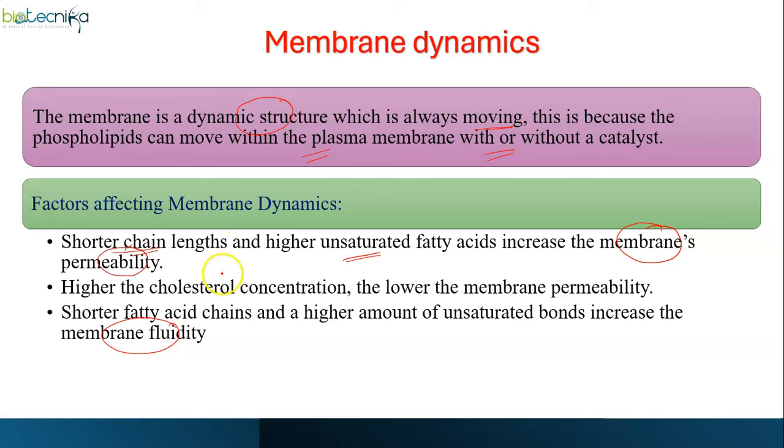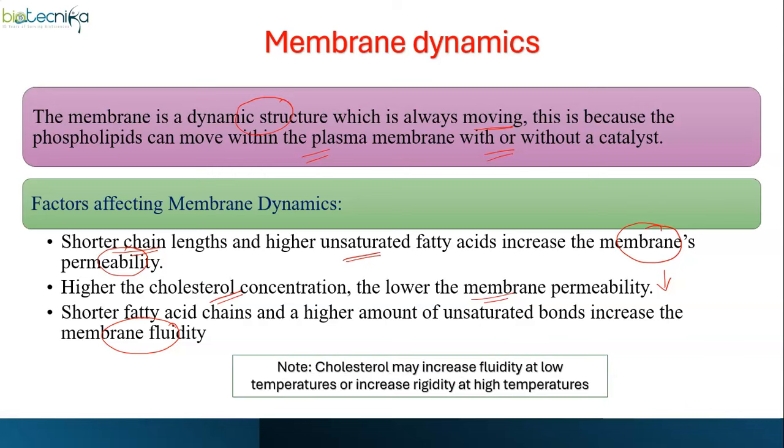But if there is cholesterol accumulation present, remember the permeability will be reduced. So remember one fact that the presence and absence of cholesterol will definitely affect the membrane dynamics. As you can see, cholesterol causes increased fluidity at low temperature and increased rigidity at higher temperature.